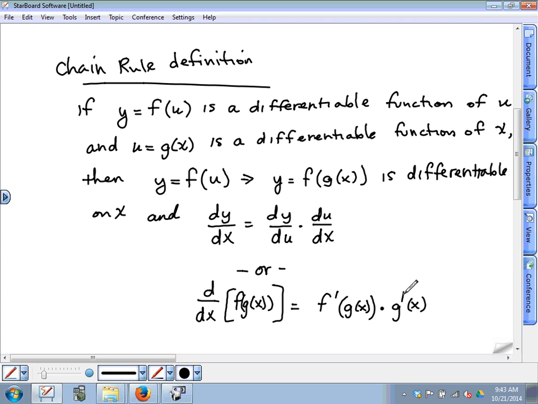I tend to use phrases like outer function and inner function. Does that make sense when I say that? What would you consider the outer function to be? F. The inner function is g. So the phrase I like to use with chain rule, it's the derivative of the outer function multiplied by the derivative of the inner function. Okay, that's what the chain rule says.